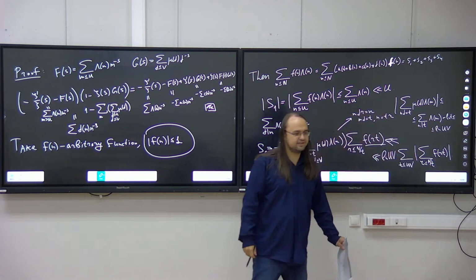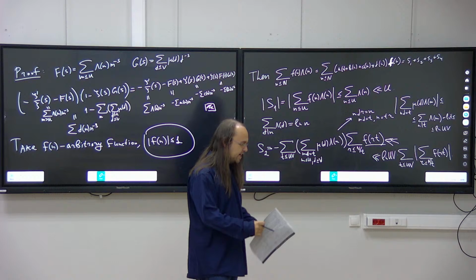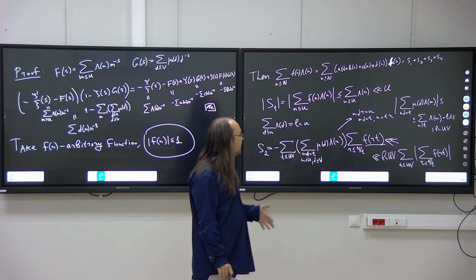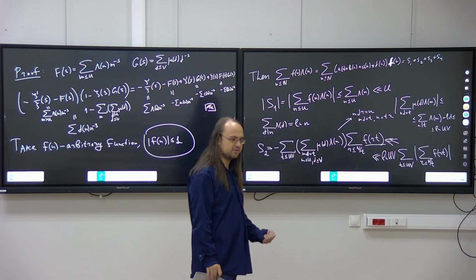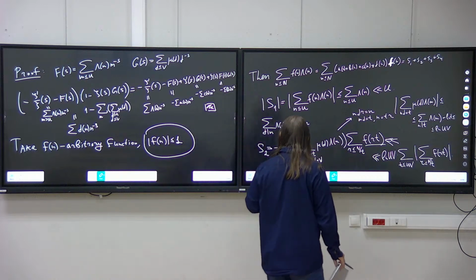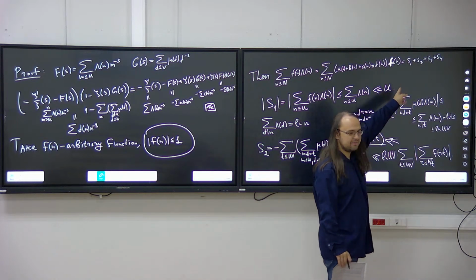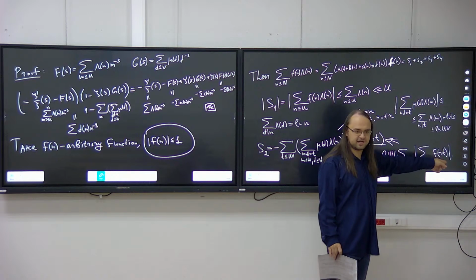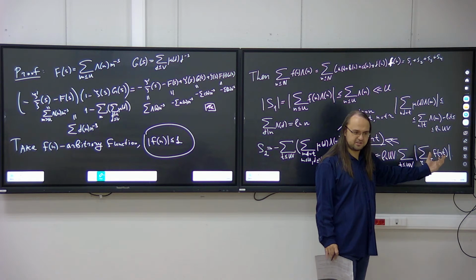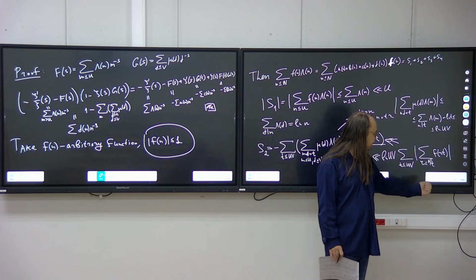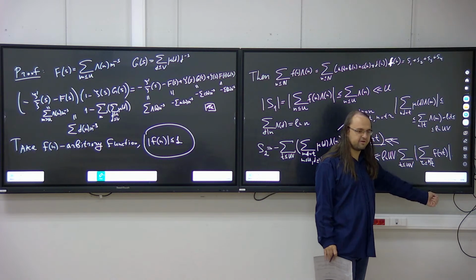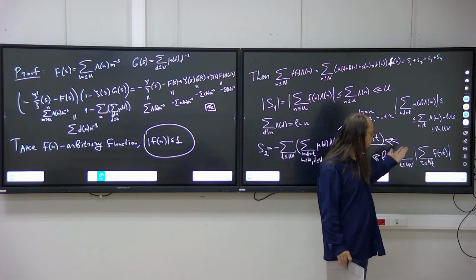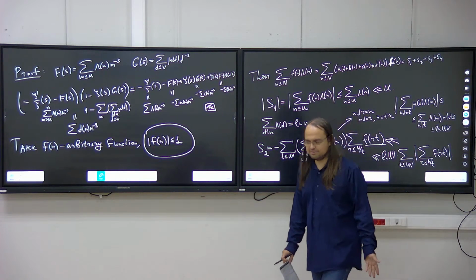Okay? So this is what I meant about the linearity of the sum S2. So what I meant is that we are going to estimate this sum S2 in terms of linear dilations of your sum. So you take f of rt instead of f of r, and then you sum it over the initial segment. Okay?